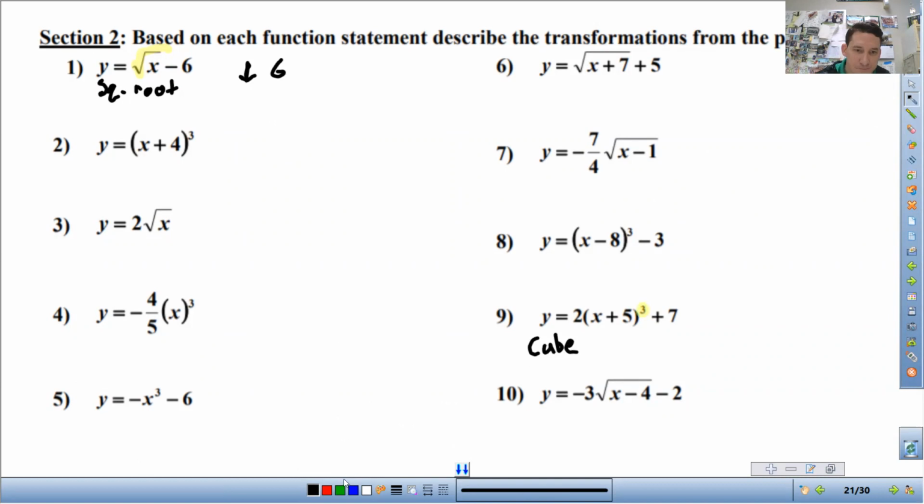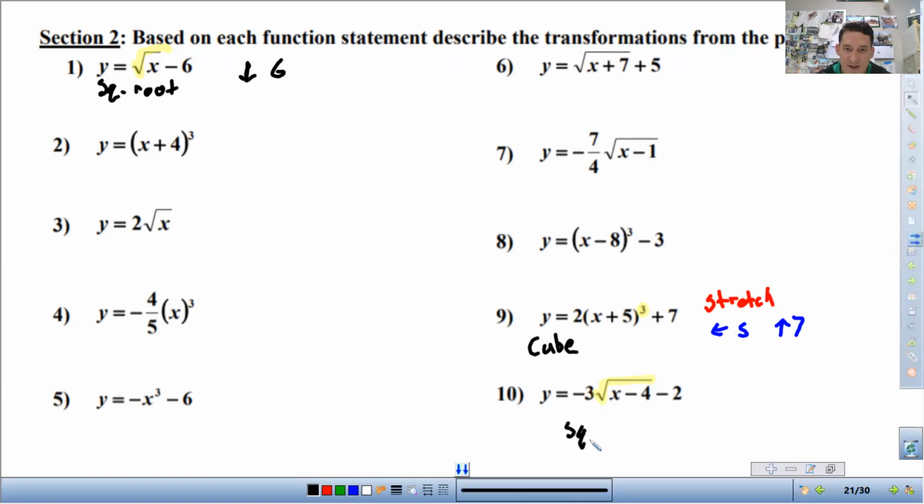All right. And there's a lot going on. The 2 is going to stretch it. The +5 is going to be left 5. The +7 is going to be up 7. And one more, I'll show you number 10. Pay attention. It has the square root function there.